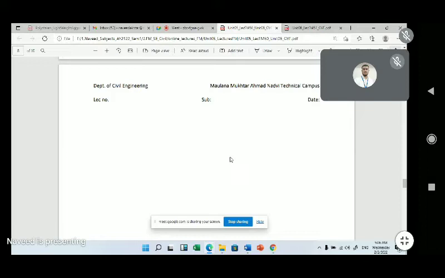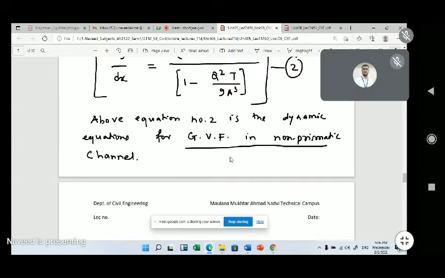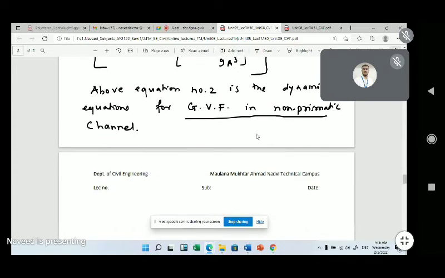Okay, so this dynamic equation for gradually varied flow we saw yesterday, and I have given the number 2 to this equation.